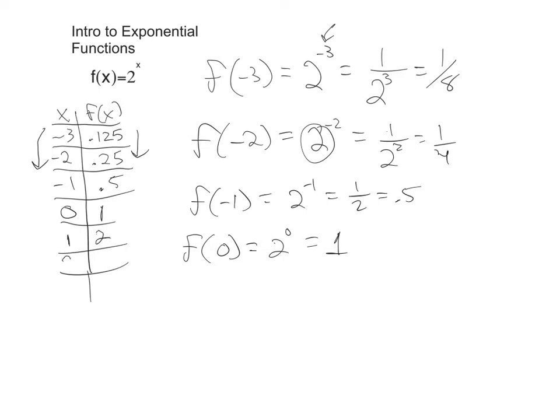If you plug in 2, you get 2 squared, which is 4. If we plug in 3, we get 2 to the 3rd power, which is 2 times 2 times 2, which is 8. But on test day, we all know that becomes 6.